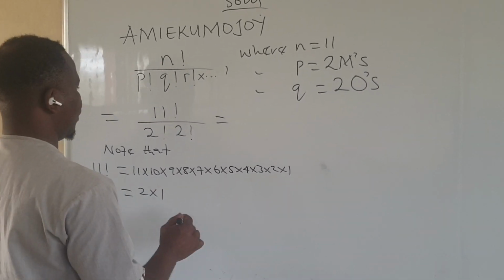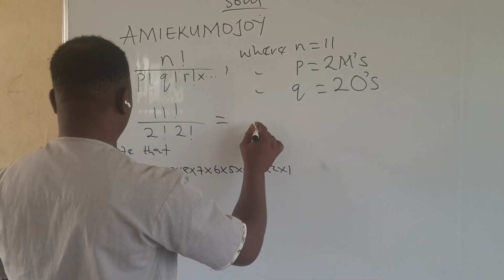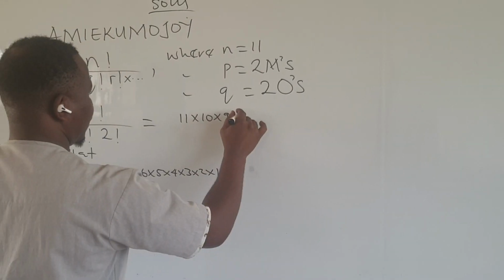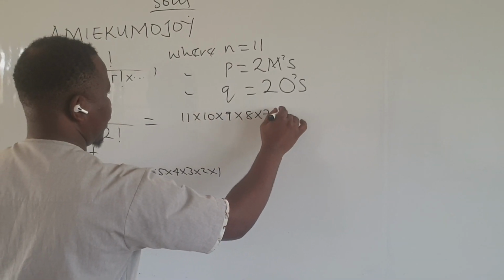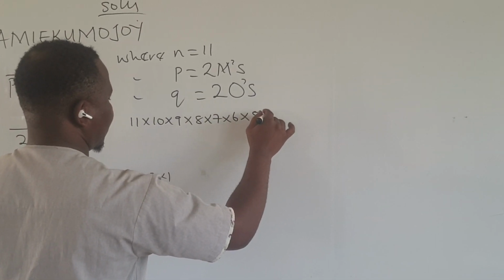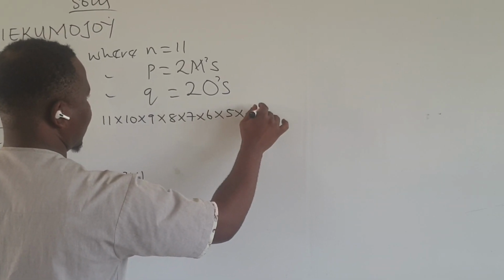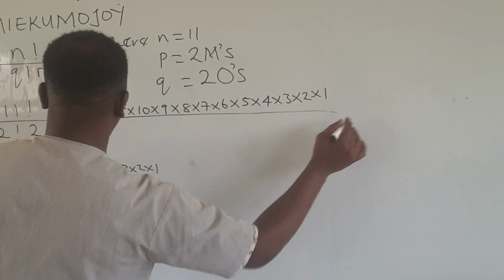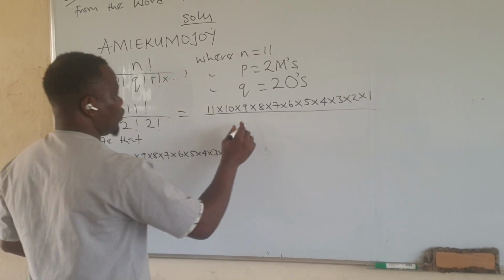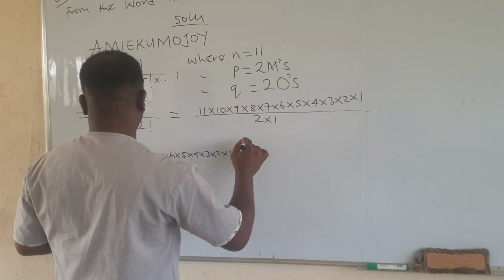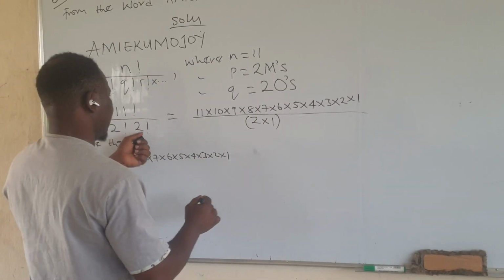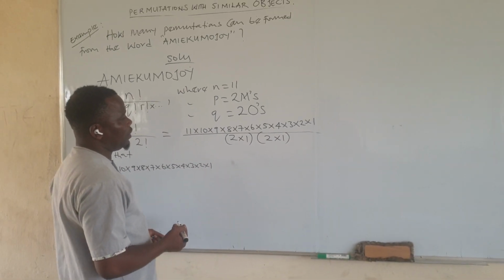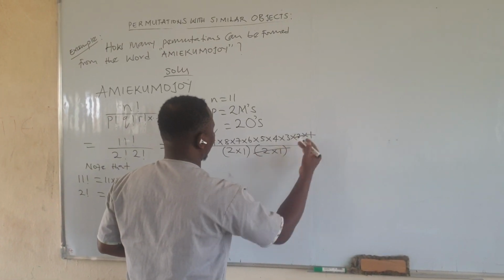So we are going to write it this way: 11 times 10 times 9 times 8 times 7 times 6 times 5 times 4 times 3 times 2 times 1, all over 2 factorial, which is 2 times 1, times another 2 factorial, again 2 times 1. So without loss of generality, this and this will go.